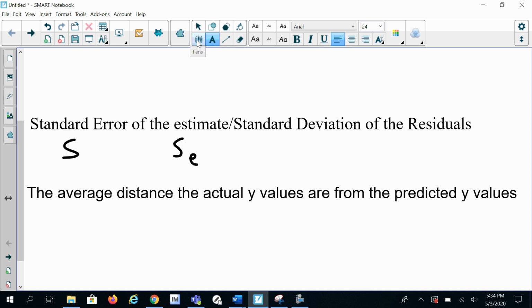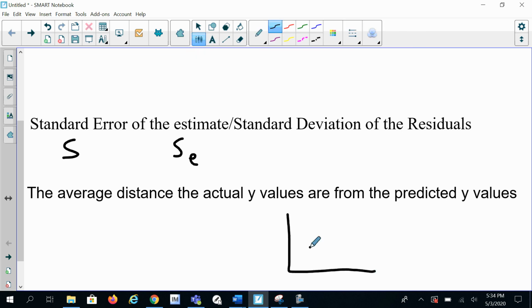So let's draw a picture of this again. If you have your scatter plot, something like this. The idea here is if you measure how far each of these dots are, let me just make them far away. If you were to measure how far each of these dots were from the line, and then averaged it, that is what S is.